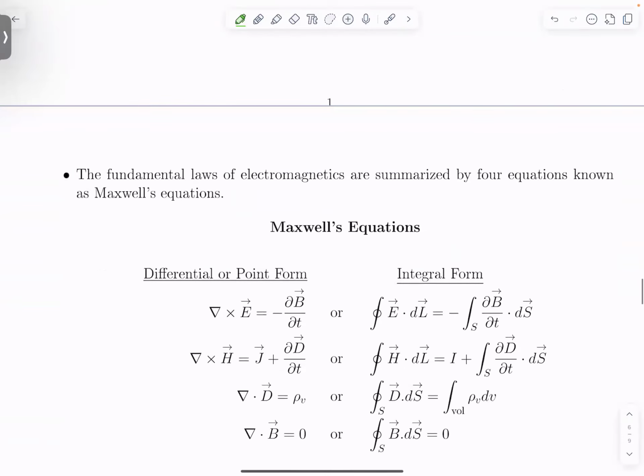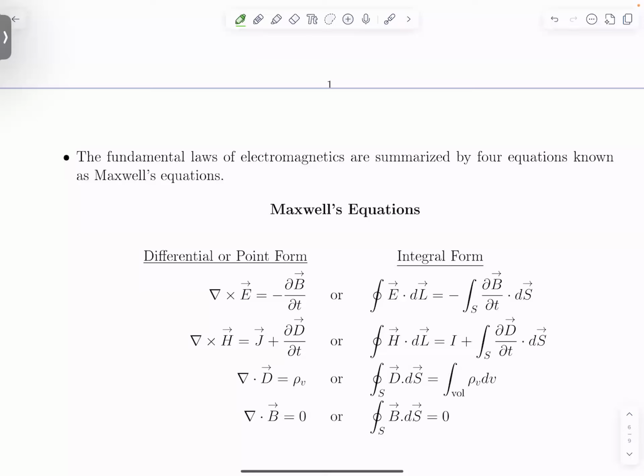Also, I mentioned in the first class that all fundamental laws of electromagnetics are summarized by four equations, and they are known as Maxwell's equations. There are two ways to write those equations. One is what we call differential or point form, and the other one is called integral form.